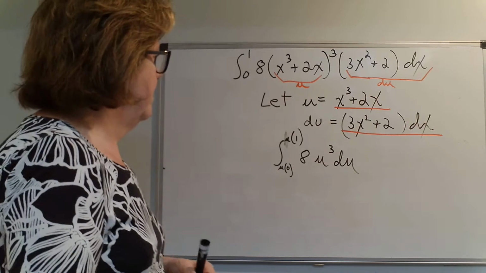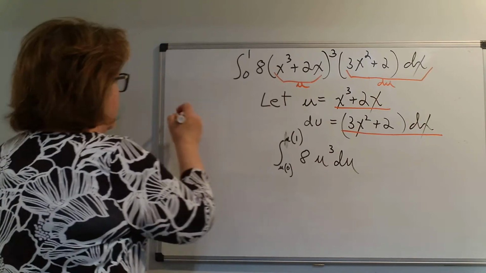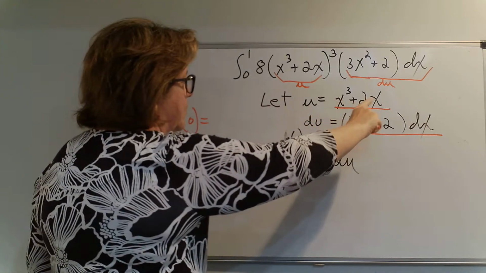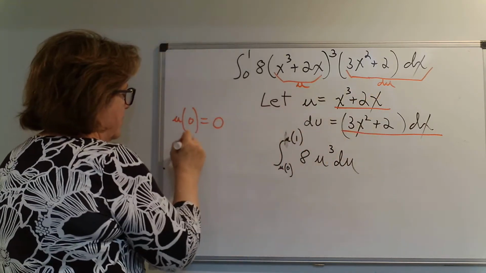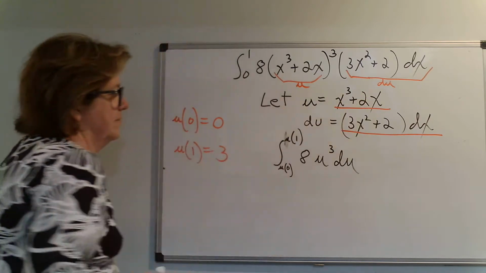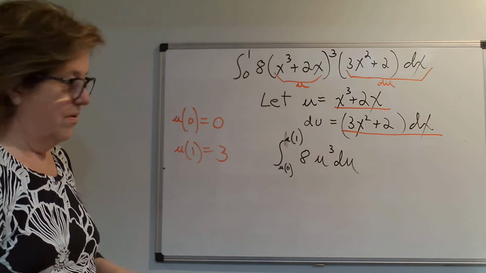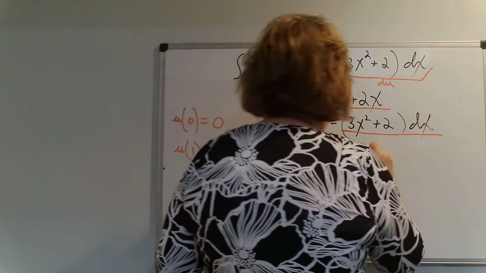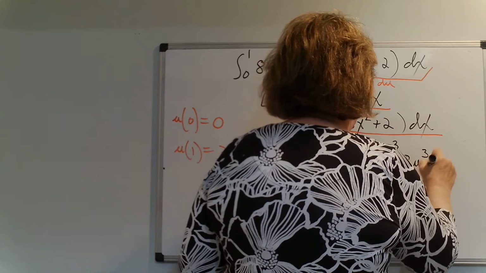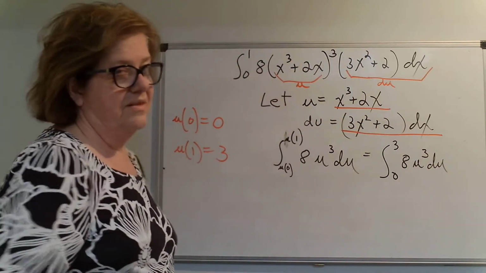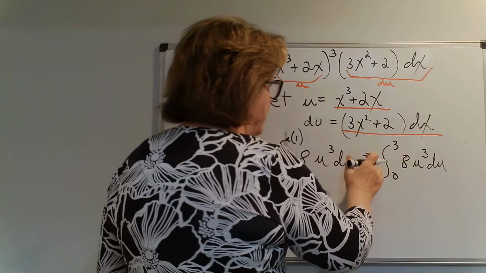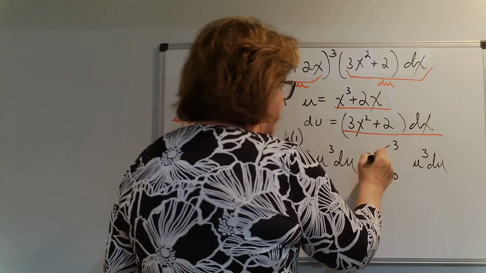So let me go over here and do that. u of 0 would be 0 plus 2 times 0, which is 0. u of 1, 1 plus 2 would be 3. So our integral is, okay, now that's easy. 8 is a constant, so it doesn't matter if we put it out here or in here.